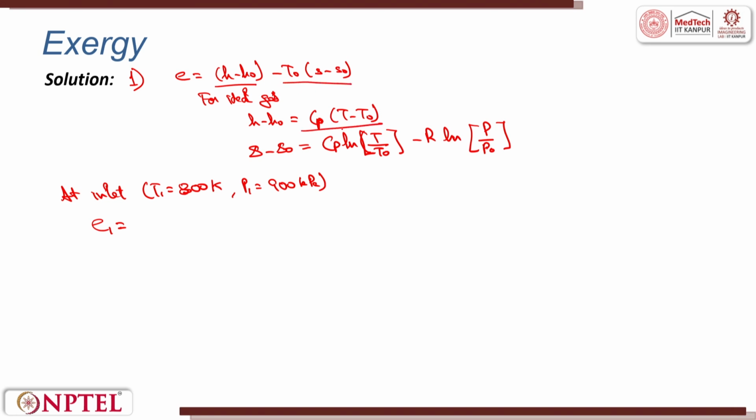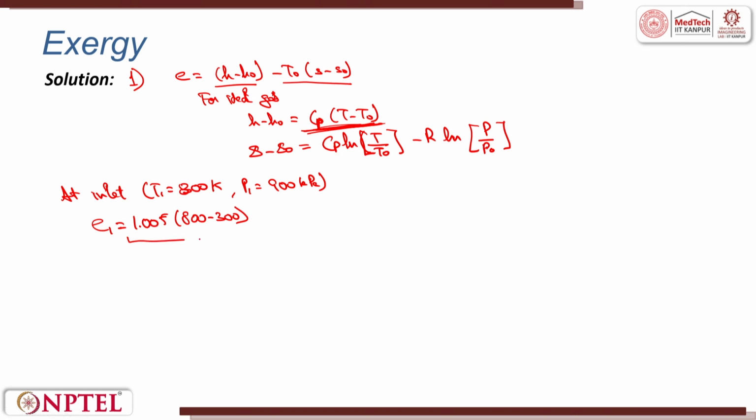The H minus H naught part is Cp into T minus T naught, where Cp is equal to 1.005 into 800 minus 300.